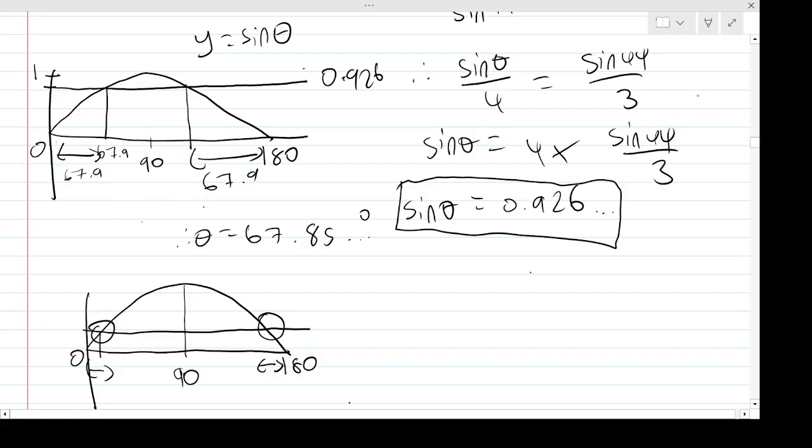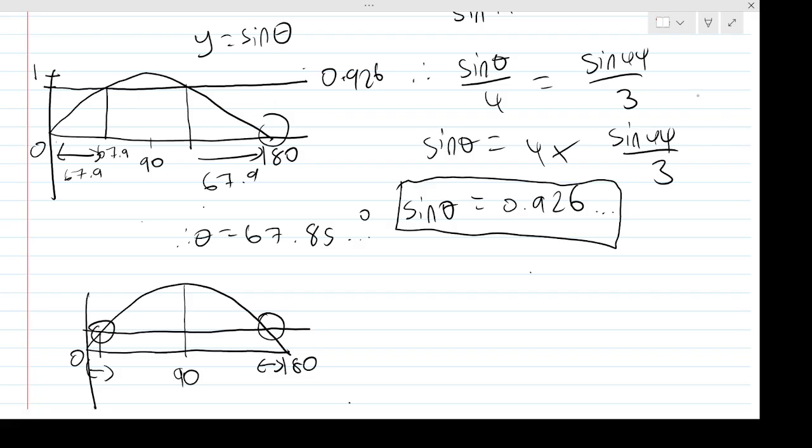Which means, to get this other point here, I need to do 180 take away this 67.9, to get this other value of theta. So if I start at the 180 end and take away 67.9, going back to the left by 67.9, I get to this other angle.